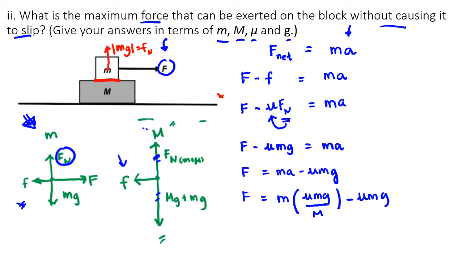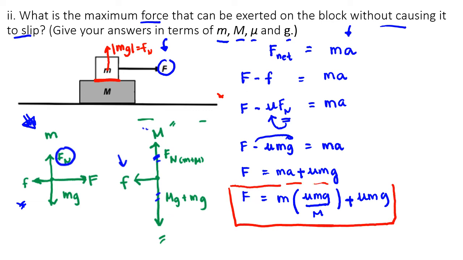Oh, sorry, this should be plus right here, pardon me, because we're moving this one to the other side of the equation. And this in fact is our maximum force that we could apply to the block without causing the two blocks of wood to slip away from each other.